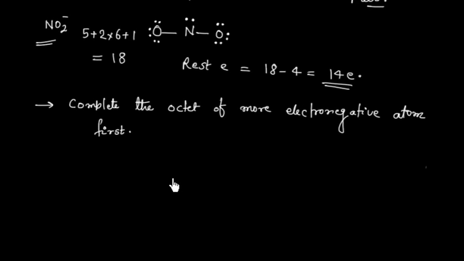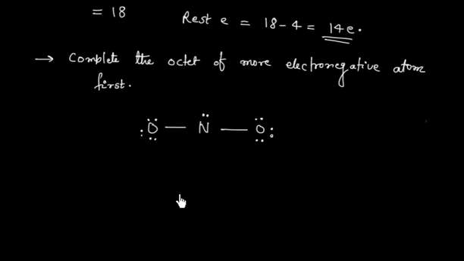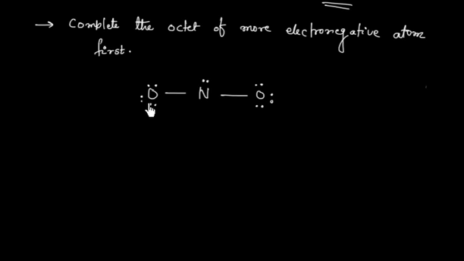Now check the octet of each atom. If you see, the octet of this oxygen is complete, the octet of the other oxygen is also complete, but the octet of nitrogen is not complete.